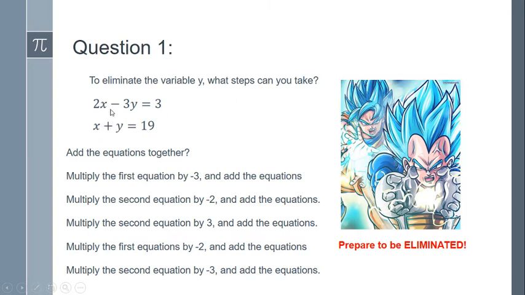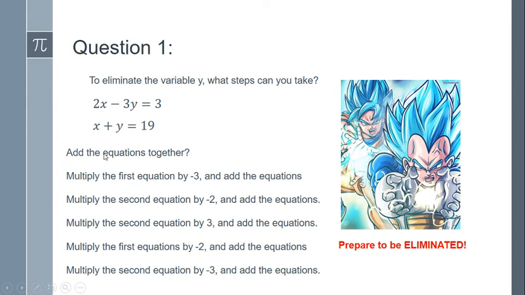So if we want to eliminate the variable y, and in the top equation I see that we have a negative 3y, I would like to add these equations together so that y goes away, but look what happens if I do that right now. 2x plus 1x would be 3x. Minus 3y plus 1y would be negative 2y. That does not eliminate y. Somehow we need this to be a positive 3y, because if this was a negative 3y and this was positive 3y, when I added the equations together, y would eliminate.